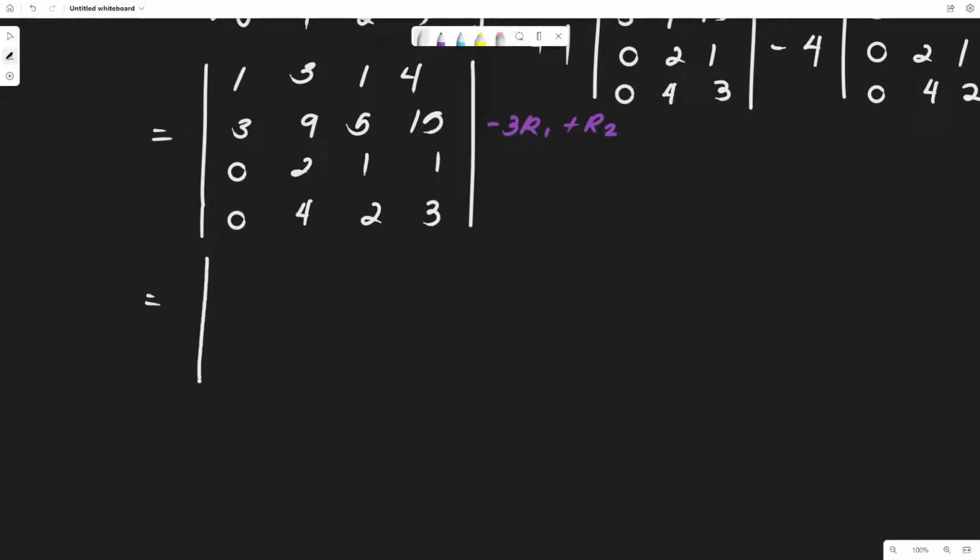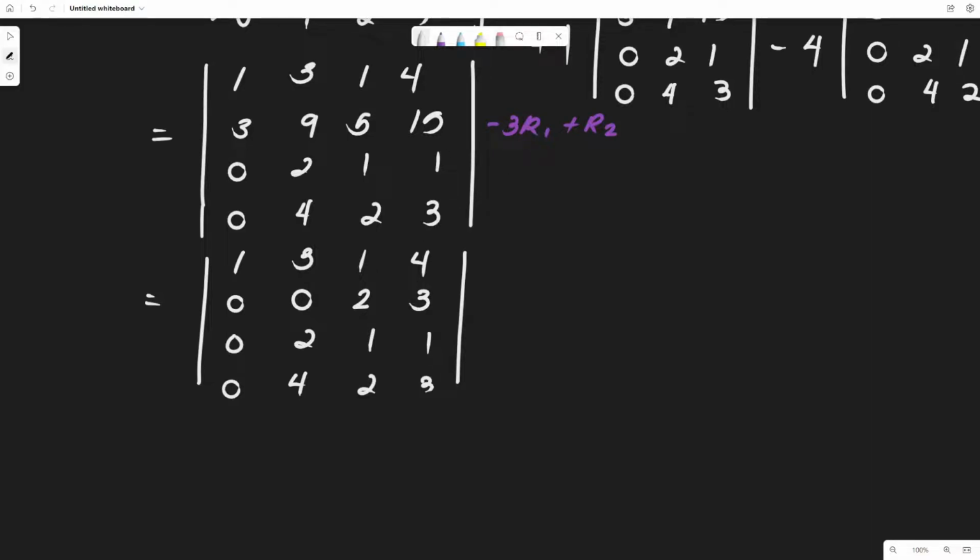I will copy the ones that did not change. So we have here negative 3 plus 3 is 0. Negative 9 plus 9 is 0. Then negative 3 plus 5 is positive 2. Negative 12 plus 15 is positive 3.